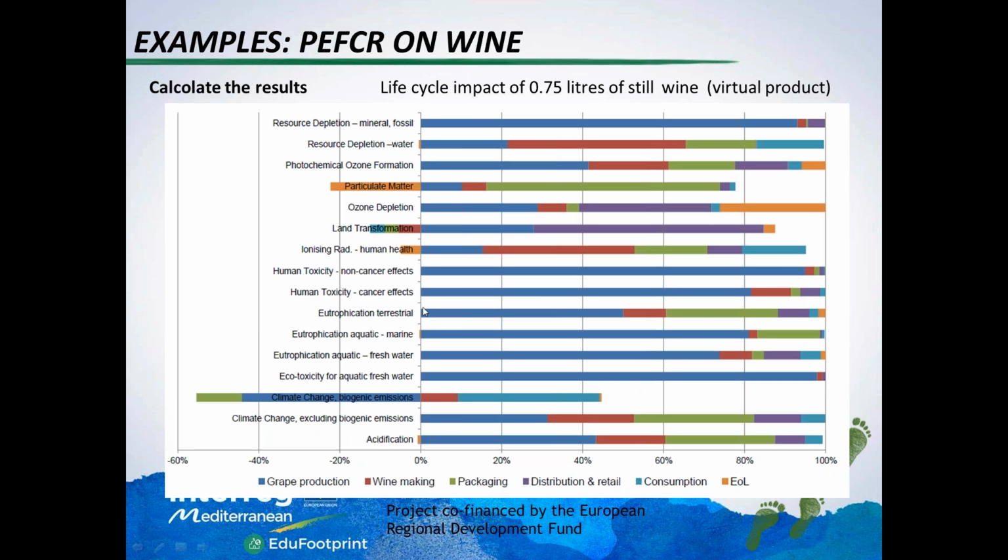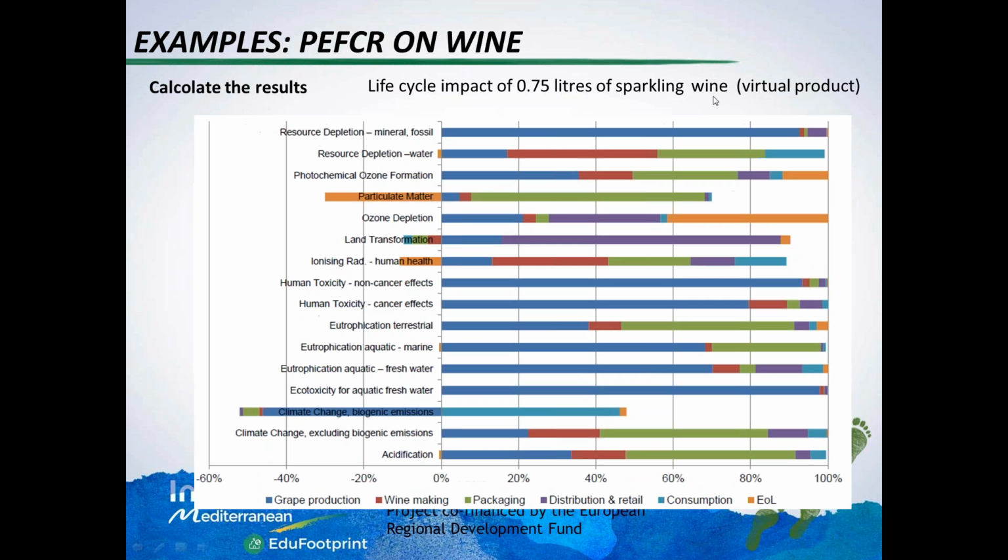And each indicator has different values depending on which kind of parameters we are measuring. So this is for a virtual still wine, and this is for a virtual sparkling wine.